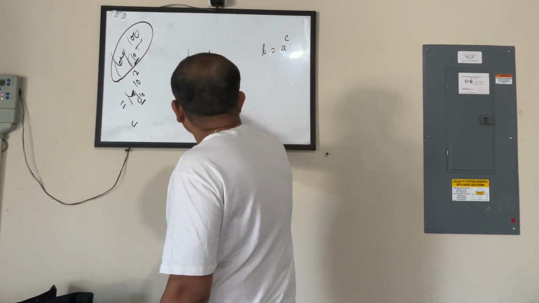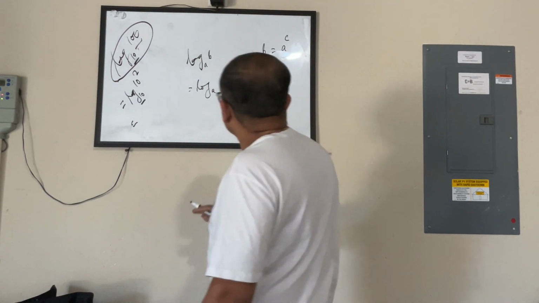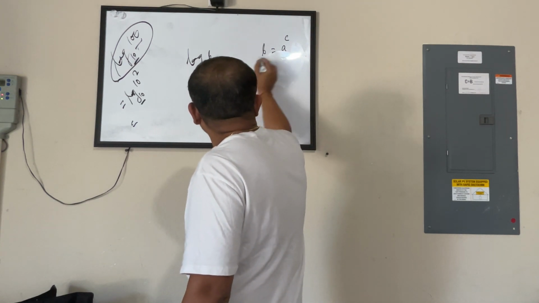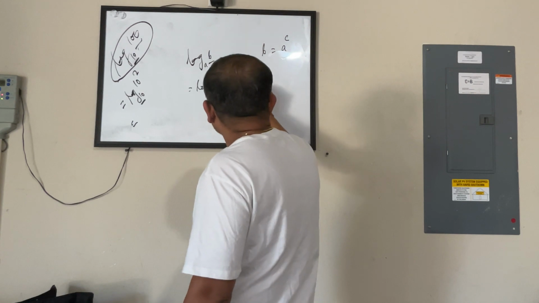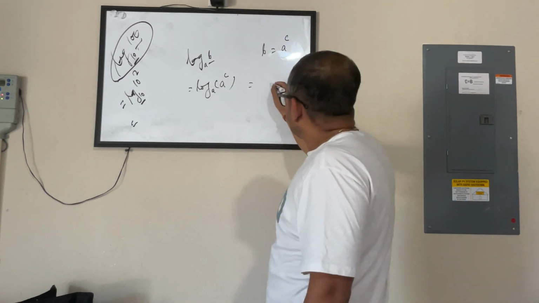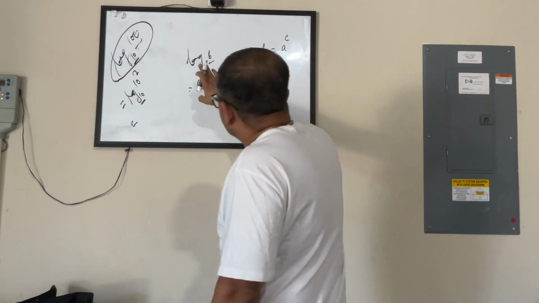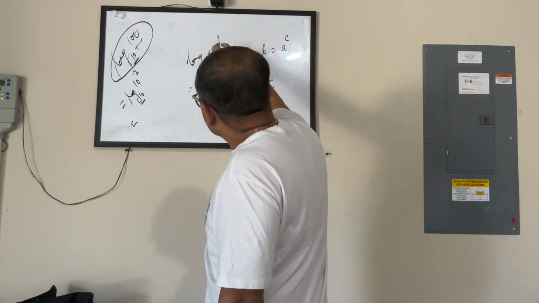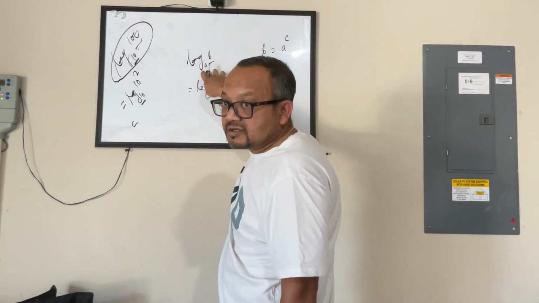So if you want to convert this to get the value of the log, let's say b is a to the power c. So your answer is c, because as per the concept of log, it asks what is the value of the number as a power of this.